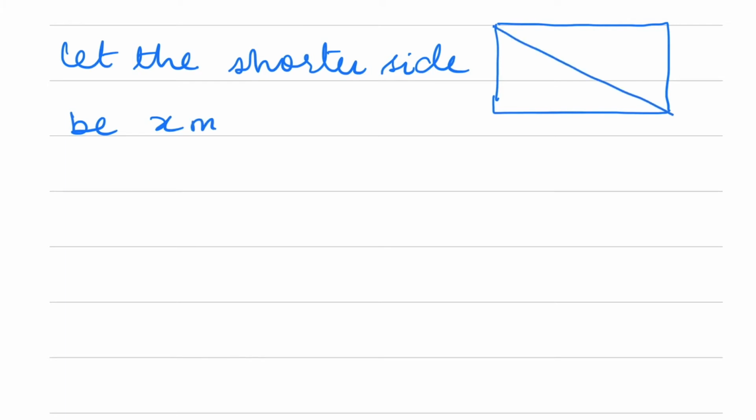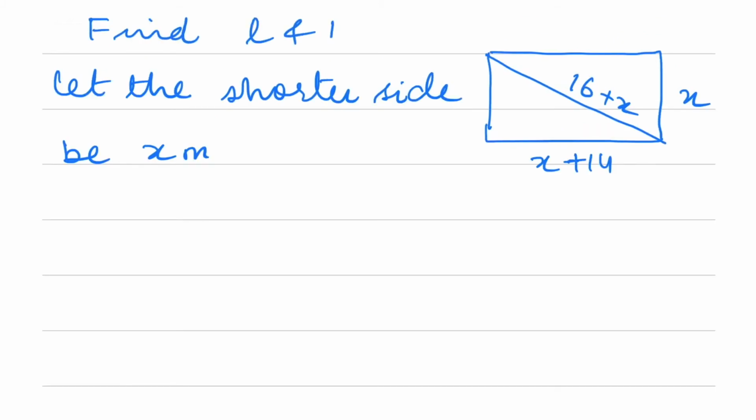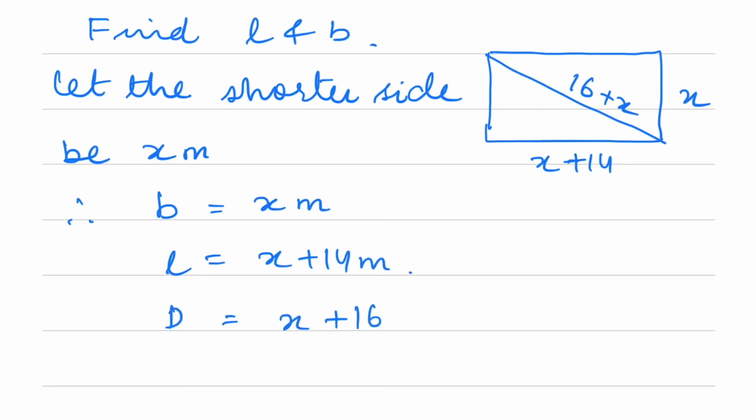Diagonal is 16 more than the shorter side, so 16 plus x. And the longer side is 14 meters more than the shorter side. We have to find length and breadth. Therefore, breadth is equal to x meter, length is equal to x plus 14 meter, and the diagonal is equal to x plus 16 meter.